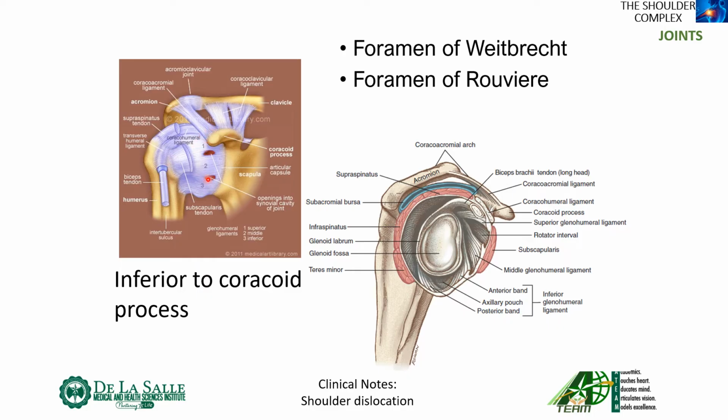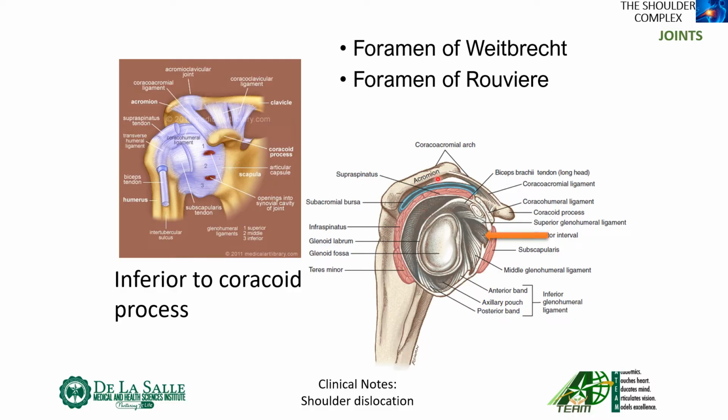The presence of the foramen of Whitebread and foramen of Rovere can be a reason why the most common direction of shoulder dislocation is anterior. Of course, if there is an opening in this area, it weakens the anterior part of the joint, or of the capsule. Is that clear?